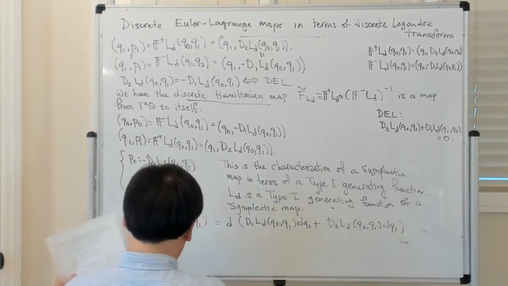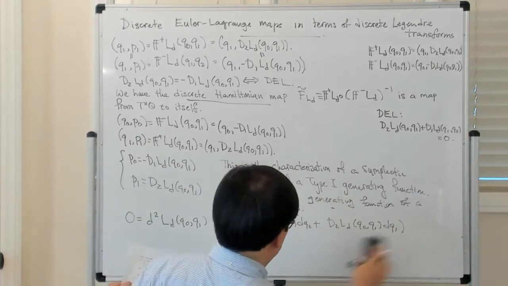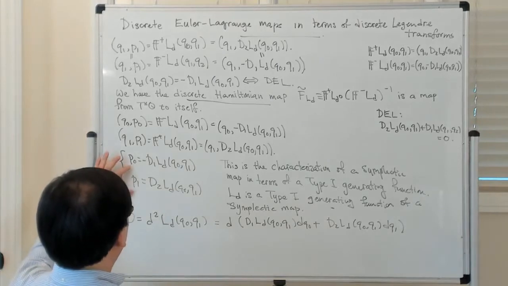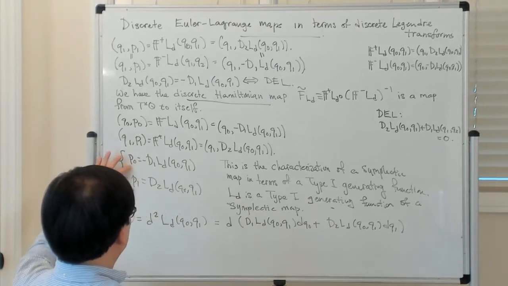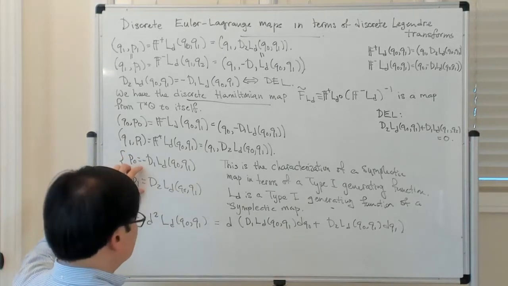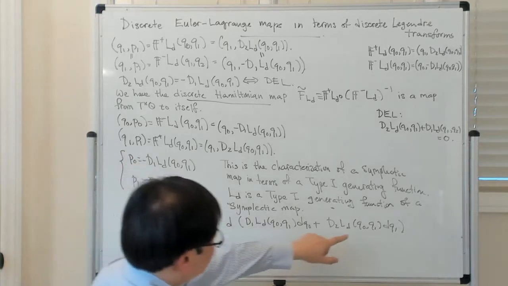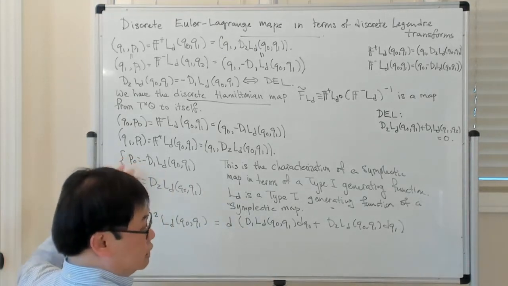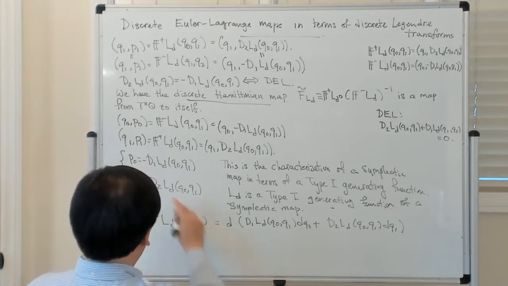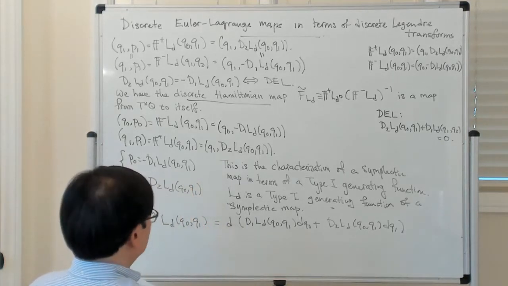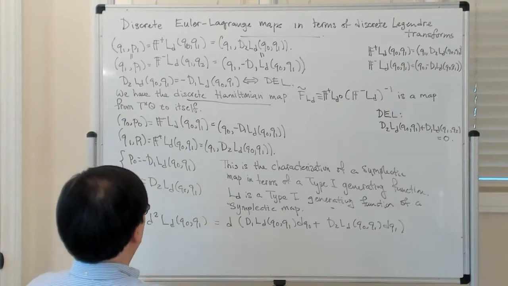Now you use the map F tilde LD, which is these two equations, and you identify these entries as being related to the momentum. So now I've applied the definition of the map F tilde LD.